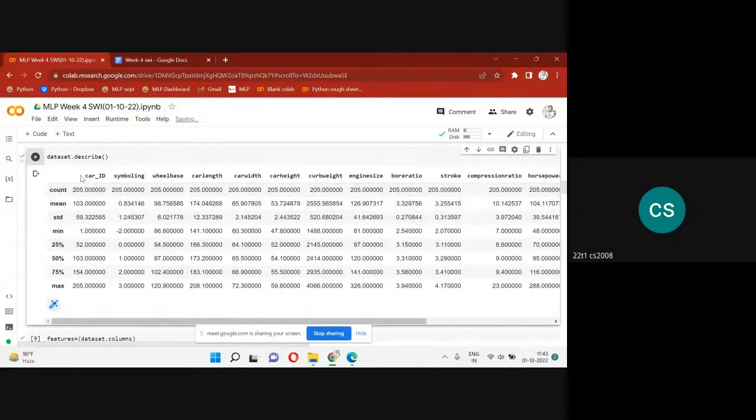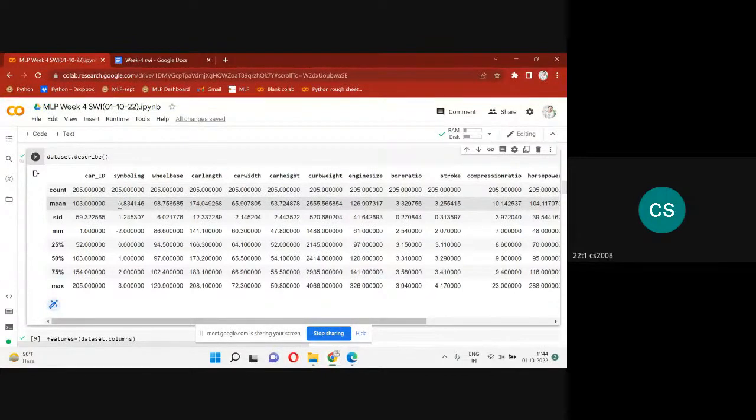Let's say for car ID, mean, average, or any values, it doesn't give you any insights. But if you see here, average symboling, it is giving you some idea. Most of the cars have symboling more than 0. Can I say that most of the cars don't have good safety or something like that?